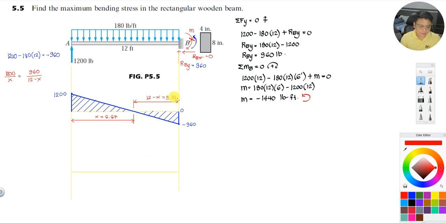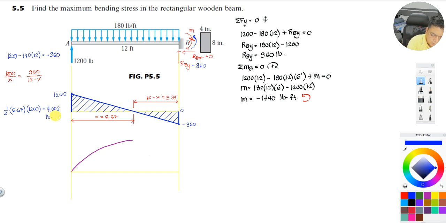Okay? So now, wala akong moment dito, pero dito meron ako. So I can have this curve, ano? Something like this. Okay? Mula dito hanggang doon, I will curve that upward. Okay? So, yung value na yon, that would become equal to 1/2 of the base, which is 6.67, multiplied by 1,200. Okay? And that would become equal to 0.5 of 6.67 times 1,200. So, you can have it as 4,002.